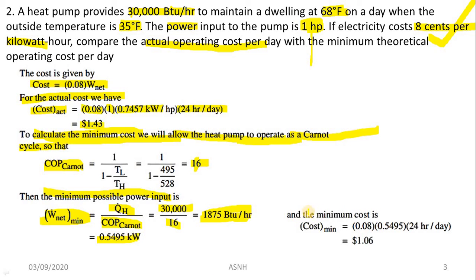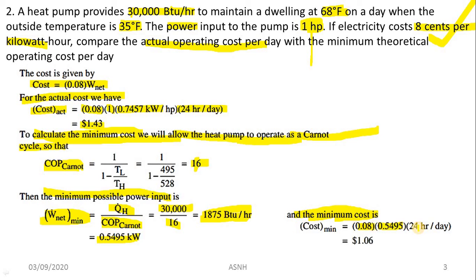And if you want to calculate the minimum cost, here we already calculated one cost considering the actual one. But for the minimum cost, the formula is again the same, that is 8 percent, which they also gave for comparison purposes, so 8 by 100, that is 0.08, into the work required or power input required, that is W minimum, which we already calculated in previous steps.